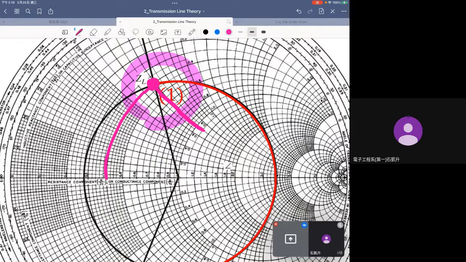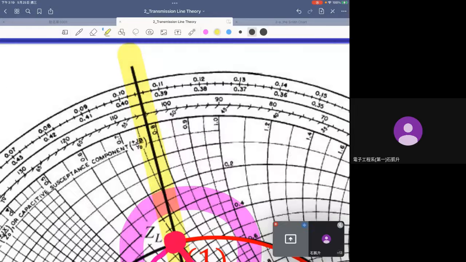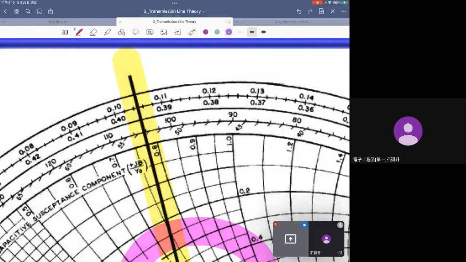Second, you will use your ruler to make this line. Okay? And you will need to read the number here. It is 0.105.